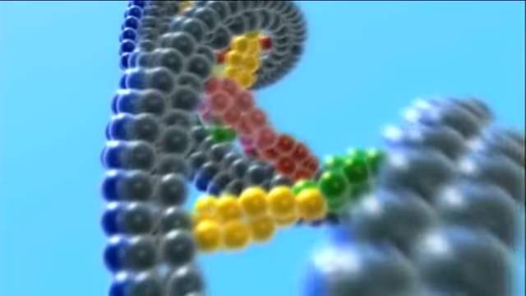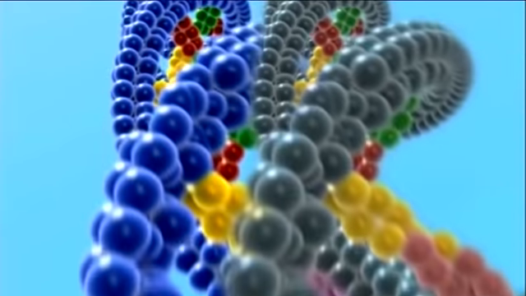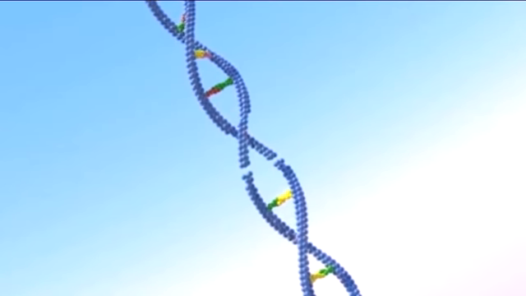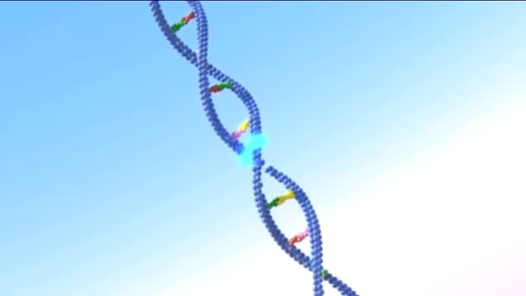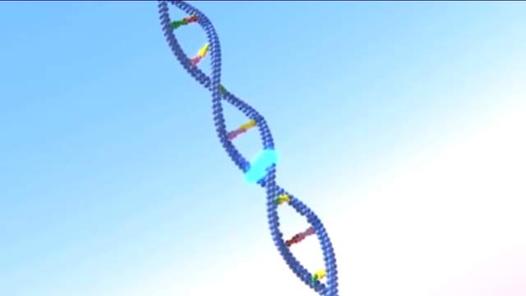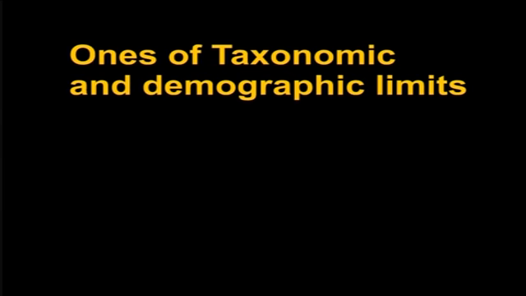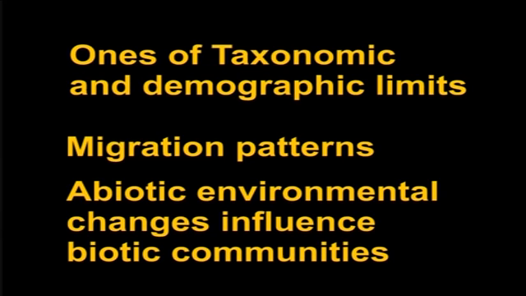The field of phylogeography developed with the increased availability of DNA sequence haplotype data. These data were analytically suitable for using phylogenetic analytical techniques, but were variable enough to address intraspecific questions. These questions include ones of taxonomy and demographic limits, migration patterns, and how abiotic environmental changes influence biotic communities.